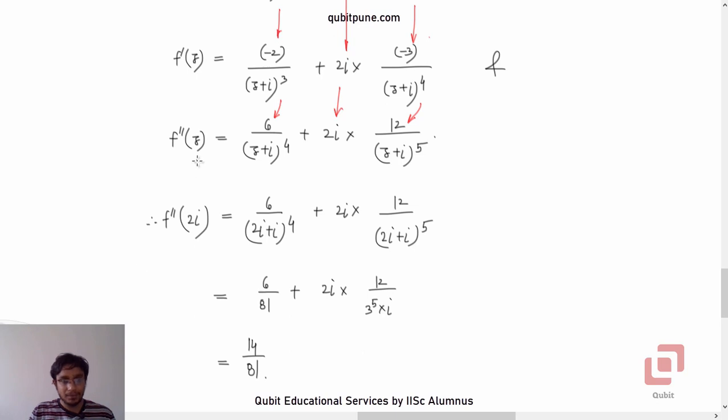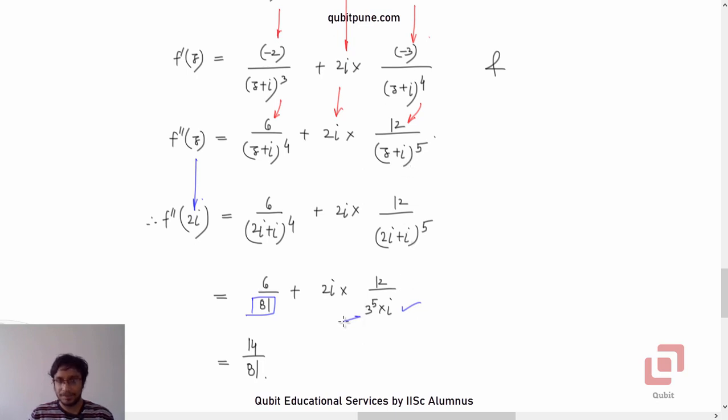Put it here. You will get 3i to the power 4. i to the power 4 is 1. 3 to the power 4 is 81. Then substitute 2i here. So we have got 3i to the power 5. i to the power 5 is i, and 3 to the power 5 is, I guess, 243.